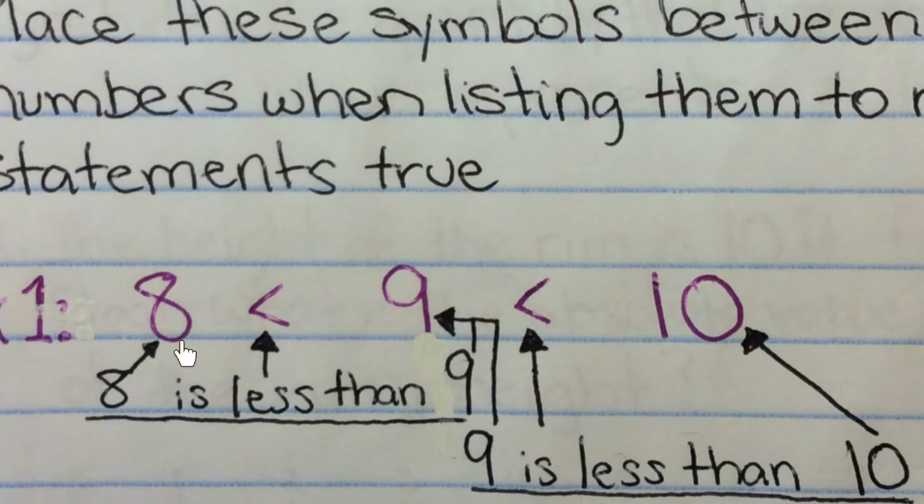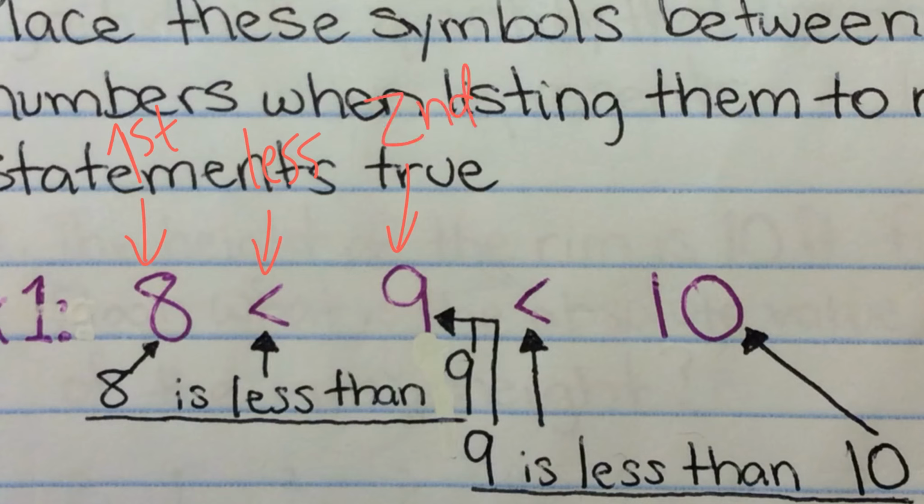Let's go ahead and read it. 8 less than 9 less than 10. Is this statement true? We start all the way to the left. Let's read this first, right? 8 is less than 9. Okay, so 9 will be second.